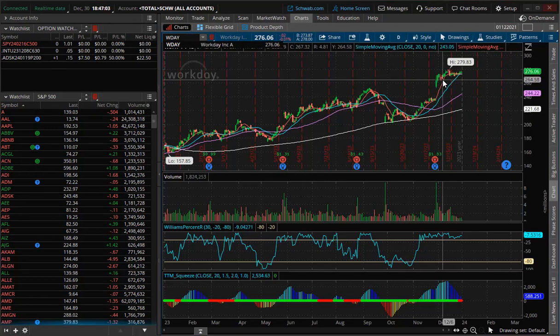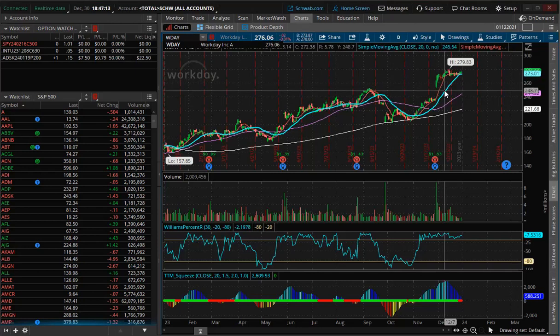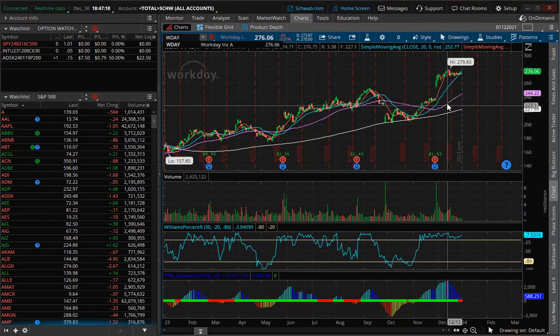that are simple moving averages. The red line is the 8 simple moving average. The blue line is the 20. The lavender line is the 50 simple moving average, and the 200 is the white line.